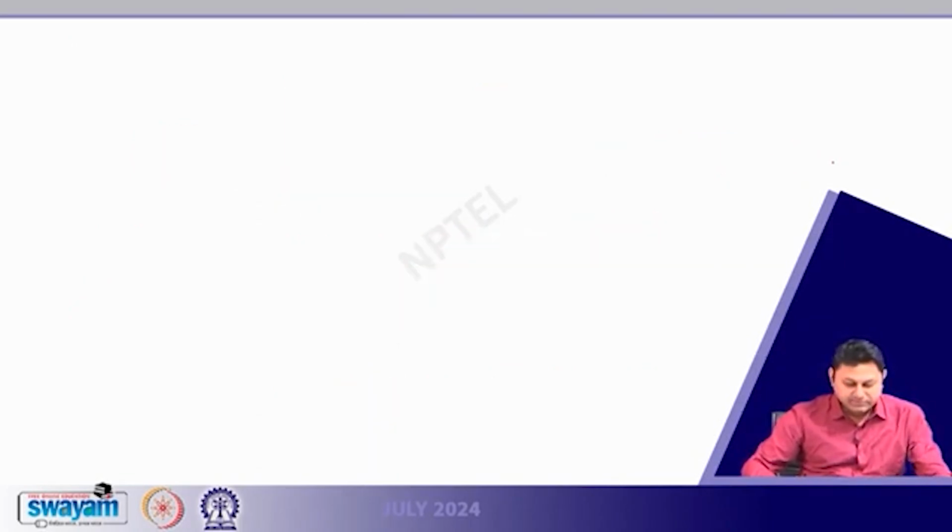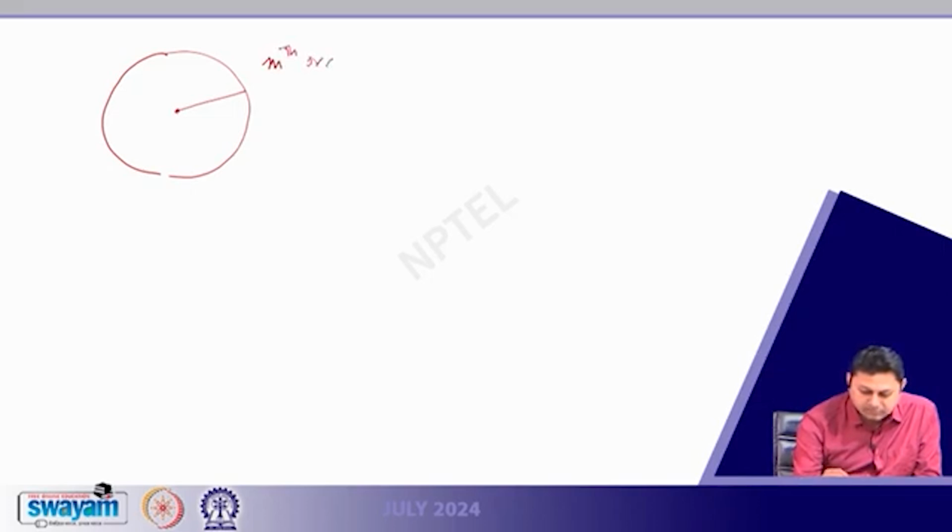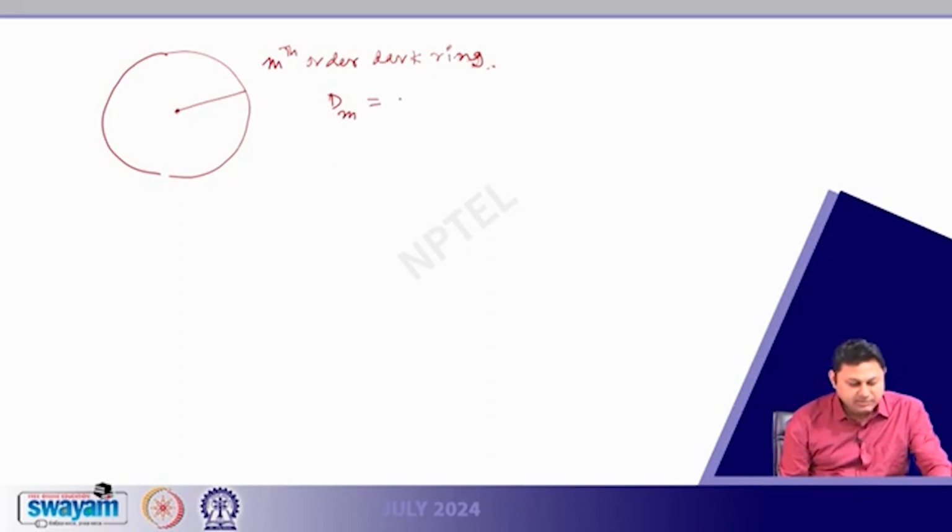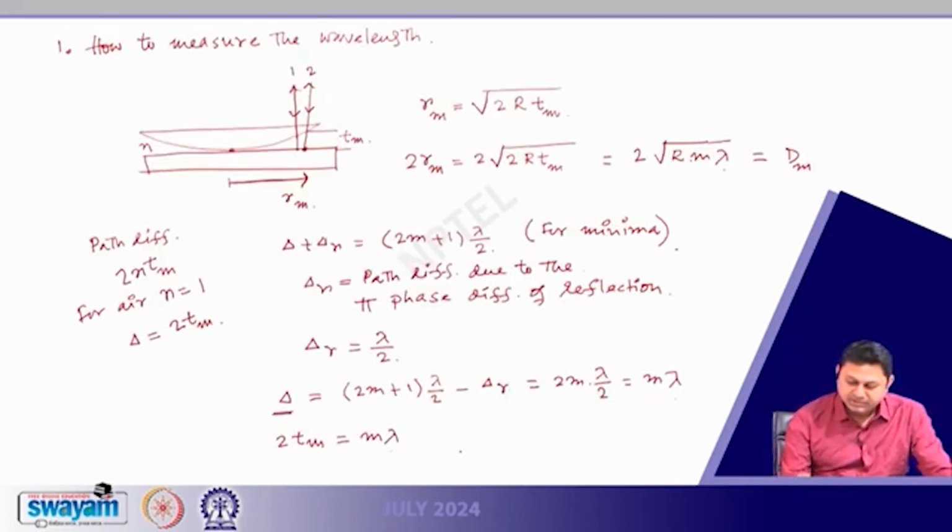Now, if I write it here, suppose we have a dark ring, say this is my dark ring that we find, and this is the mth order dark ring, whose diameter dm is, as I calculated, 2 root over r m lambda.